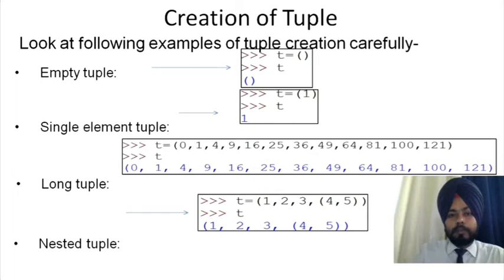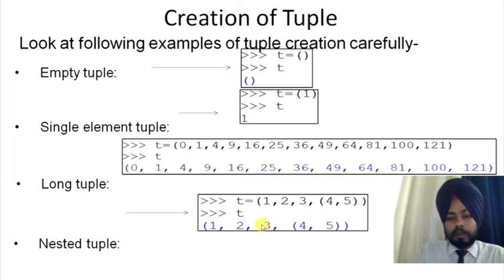Creation of tuple. Look at the following examples. These are the examples to create tuples. To create an empty tuple, we'll use parentheses. This is called single element tuple because we are using here only a single element, and these are called long tuples.